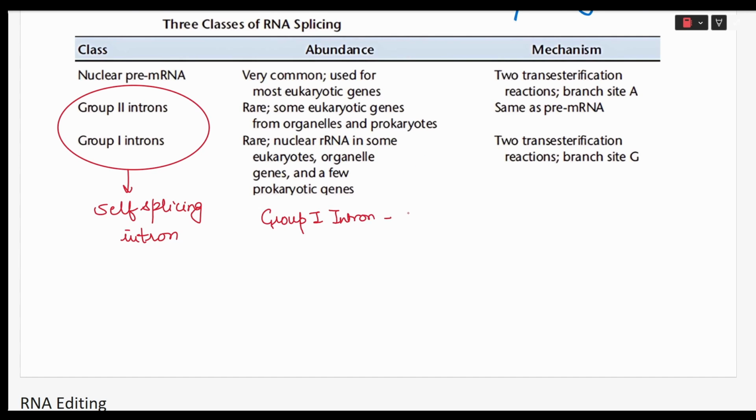The things about it: it is self-splicing. So let's write that down. It has a branch point G, so let's mention that the branch point is a G, not an A. Now, no lariat formation, and almost everything else remains the same, right?